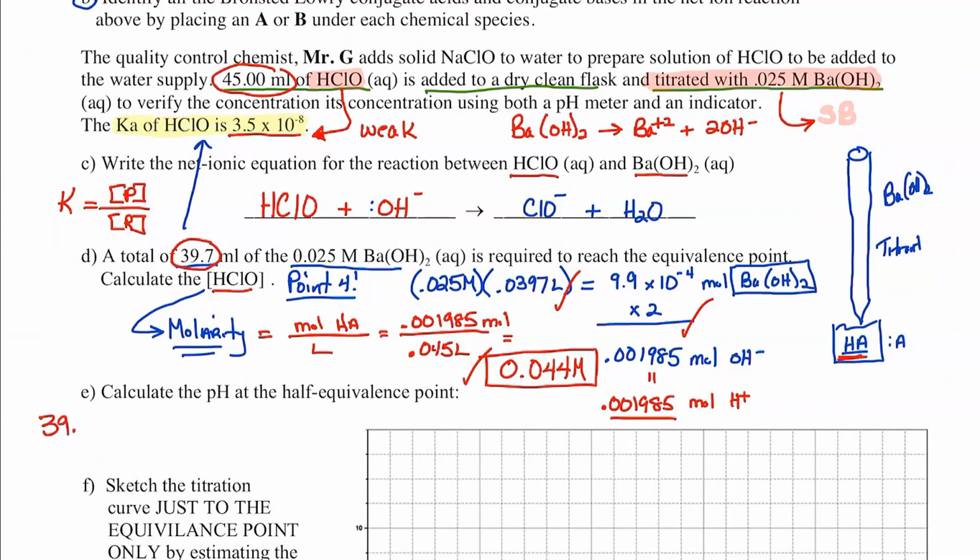So 39.7, we divide by 2. And if we wanted to know the equivalence volume, we'd get that. But I don't want the equivalence volume. We want the pH at the half equivalence point. And so how do we do that?